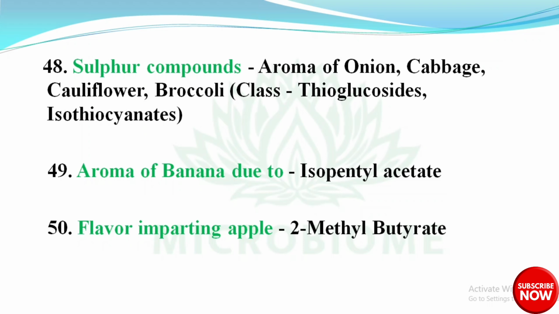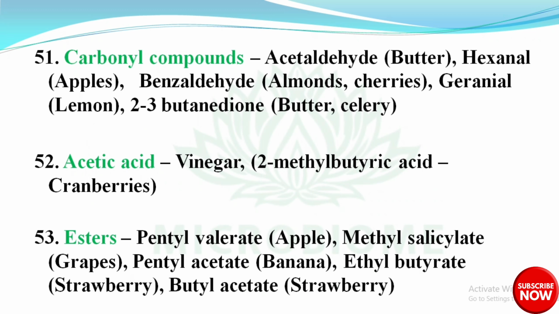Then the aroma of banana is due to isopentyl acetate and the flavor imparting apple is 2-methyl butyrate. Next about carbonyl compounds: acetaldehyde, butter; hexanal, apples; benzaldehyde, almonds and cherries; geraniol, lemon; 2,3-butanedione, butter and celery.